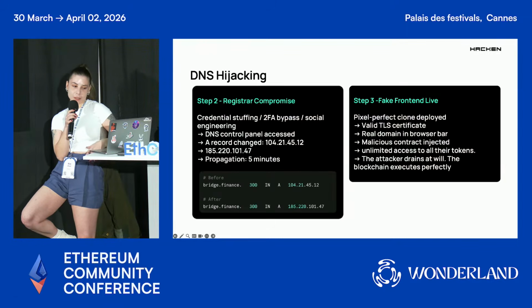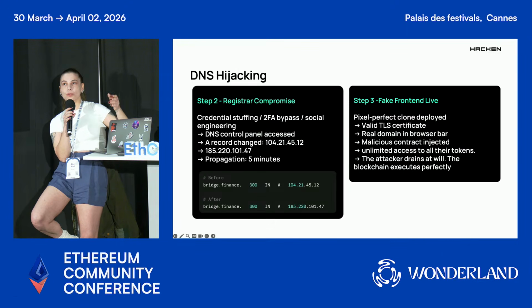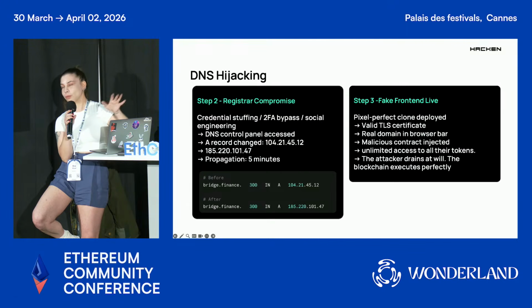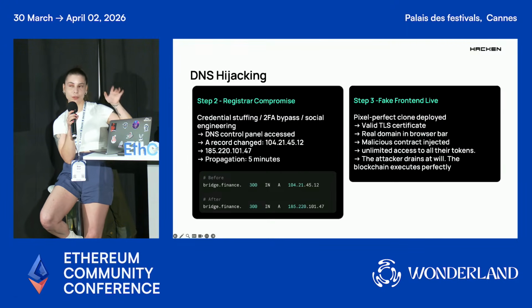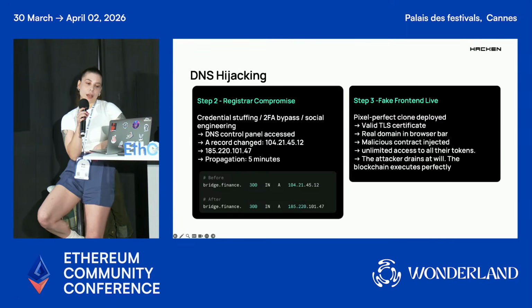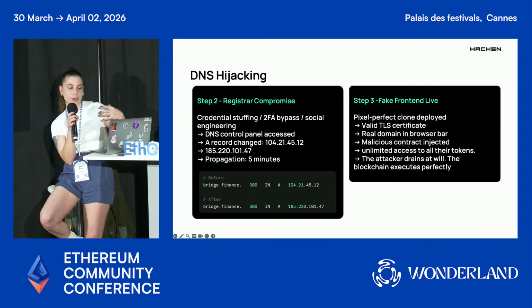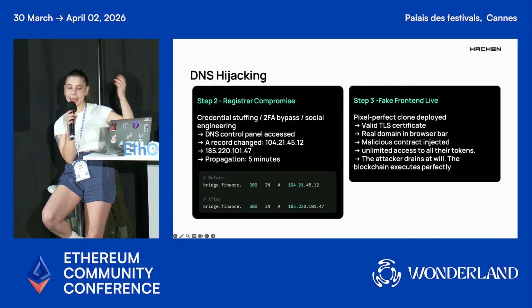And the attacker gets into the registrar account through credential stuffing, brute forcing, or two-factor authentication bypass. It depends on the system and the attacker's mind. And they changed the DNS record. At the end of the day, the site looks identical, same logo, same UI, same colors, but the approve button calls the attacker's smart contract.